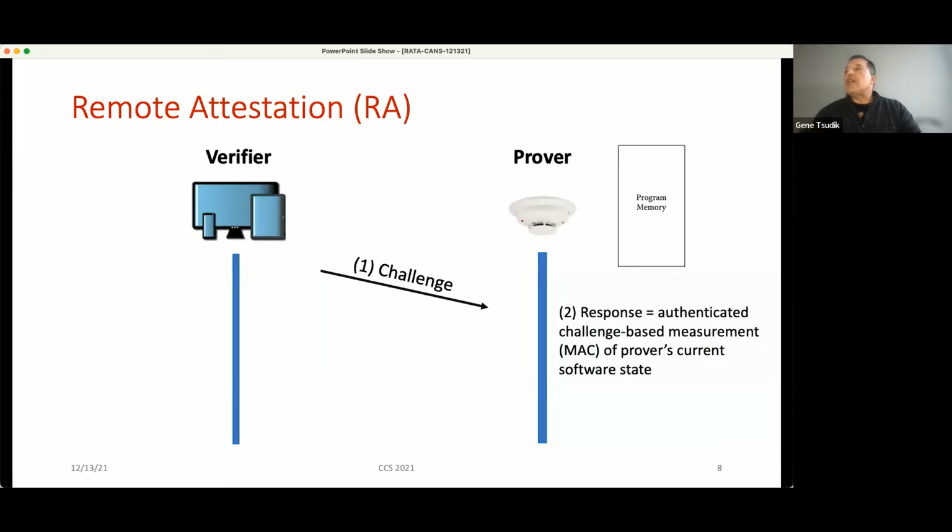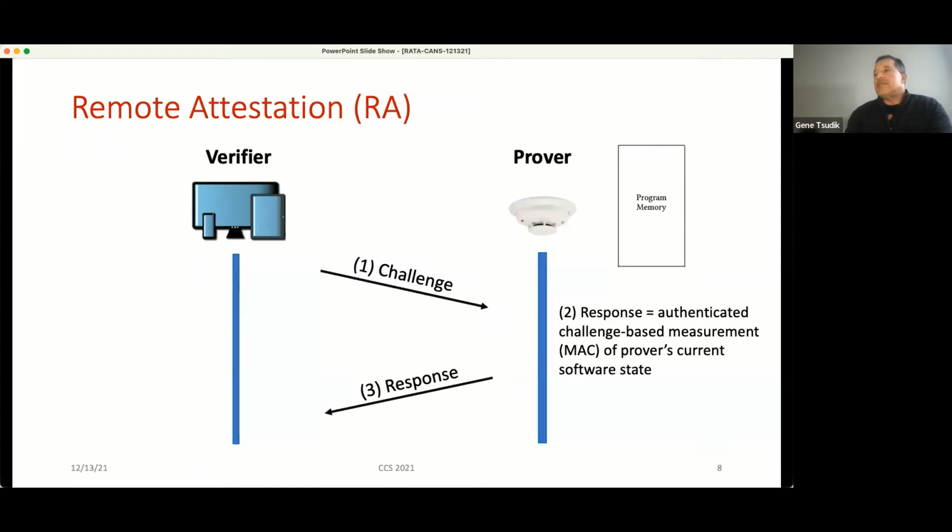So it issues a challenge, and the prover is supposed to look at its memory and compose, based on that challenge, some kind of authenticated measurement. Typically, think of your favorite MAC function, basically an HMAC or something like that. Some secure measurement of its current state, based on the challenge, and then respond with that result.